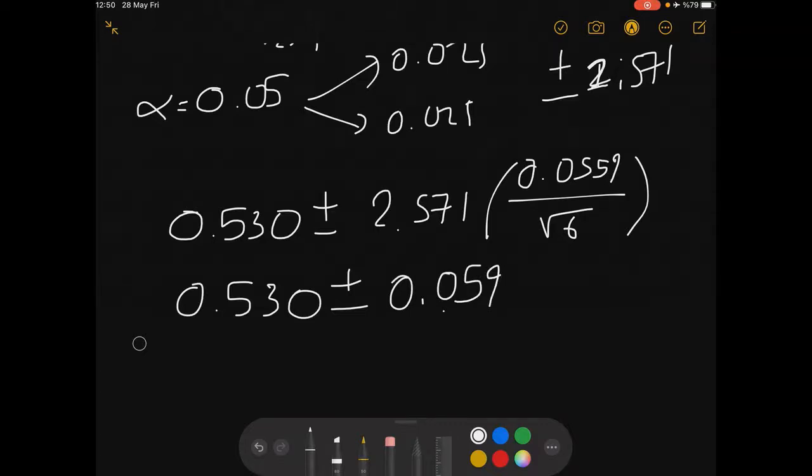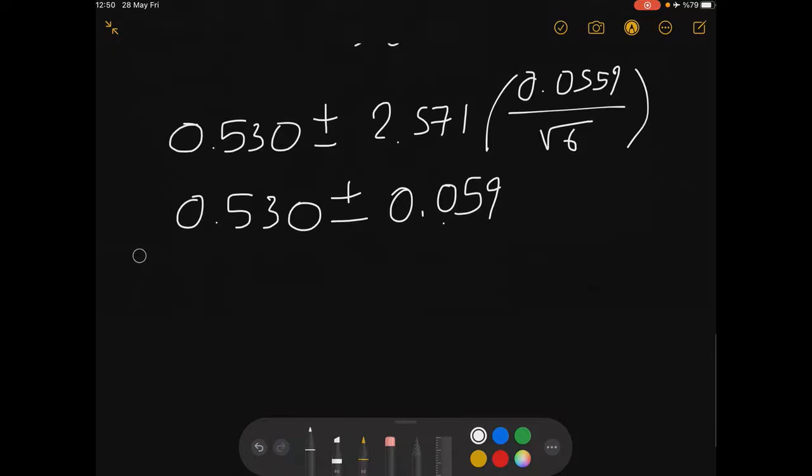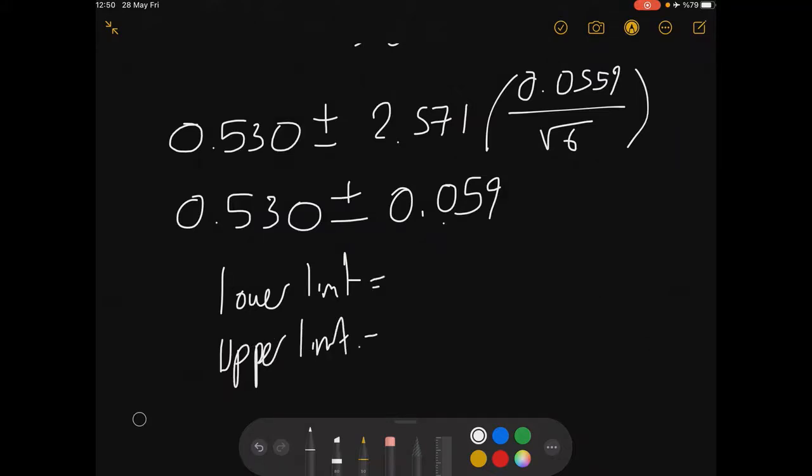So in the end, your lower limit and your upper limit can be identified here as 0.471, and your upper limit is 0.589.